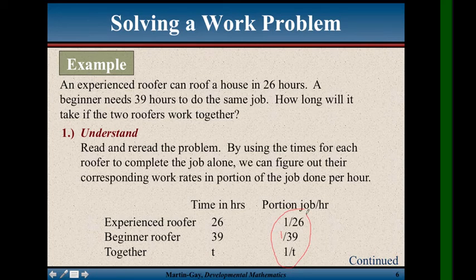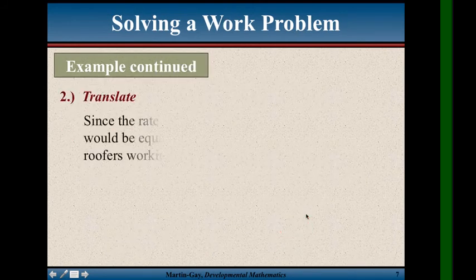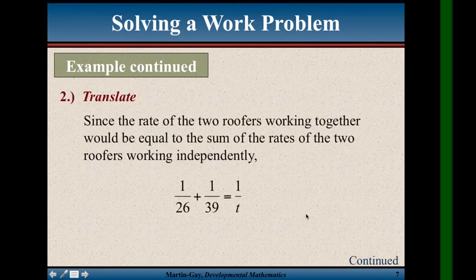Okay, now, paano naman siya isolve ngayon? So, to translate, since the rate of the two roofers working together will be equal to the sum of the rates of the two roofers working independently. Kung mag-work sila together, ibig sabihin, mag-add sila. That is the equation that will represent the two. So, we have 1 over 26 plus 1 over 39 equals 1 over t.